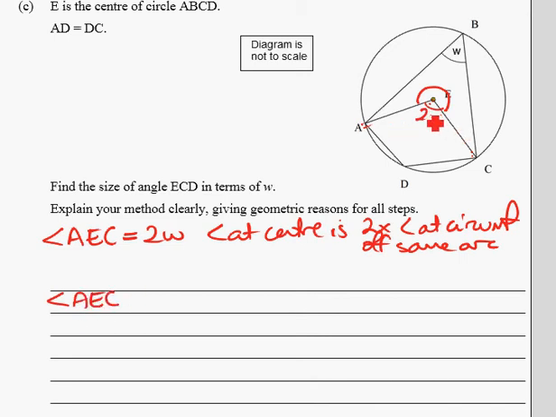Right, so I've got two AEC. So the first one is an obtuse angle. The next one, the AEC, is a reflex angle. That's using angles at a point.